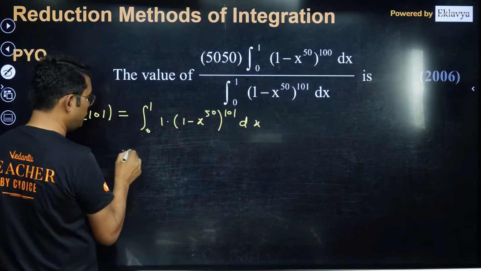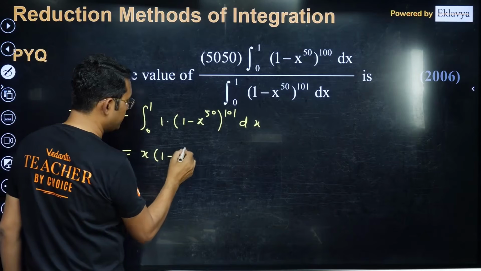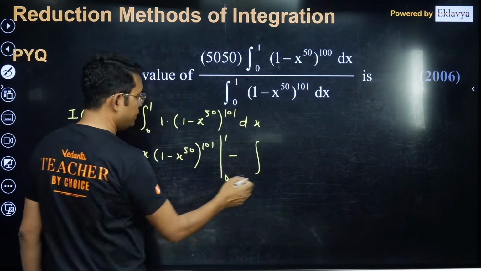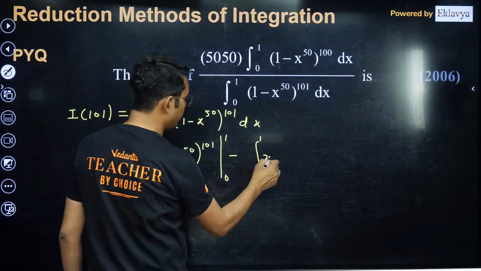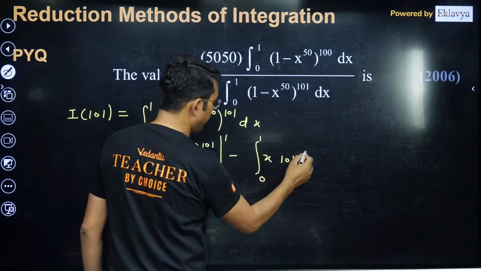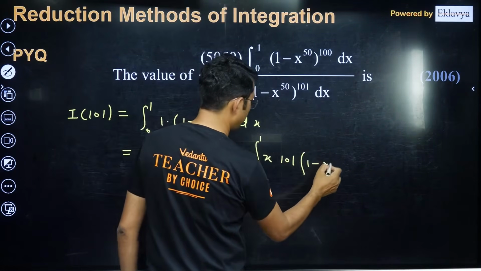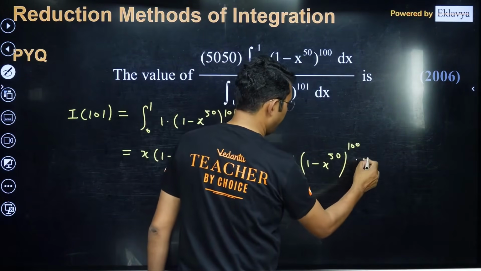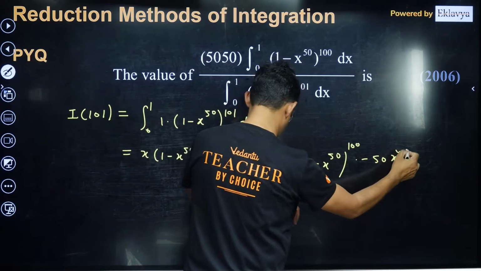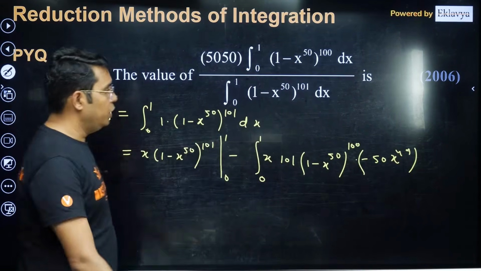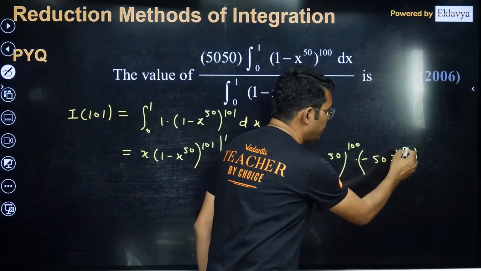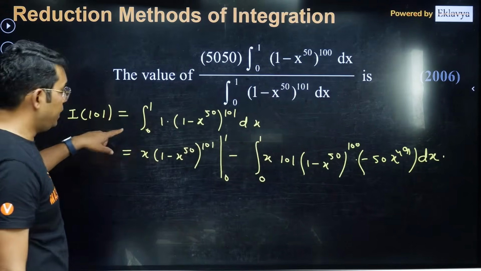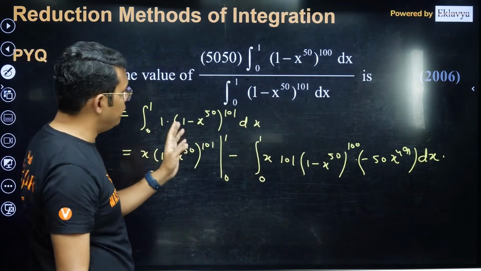So second function, first function, so x into 1 minus x raised to the power 50, 101, 0 to 1 minus, and then 0 to 1, integration of 1 is x, differentiation of this is 101, and 1 minus x raised to the power 50 power 100, and then minus 50 into x power 49. Okay, so this is what we are getting here. Let me see if all is correct or not. X 101 power 100 minus 50 x power 49 dx.